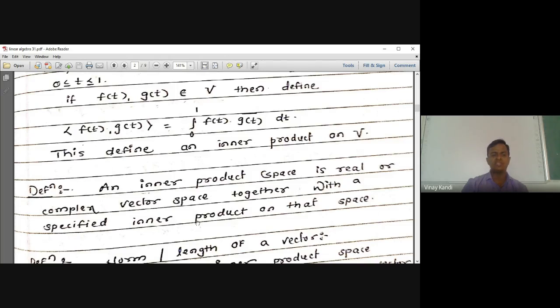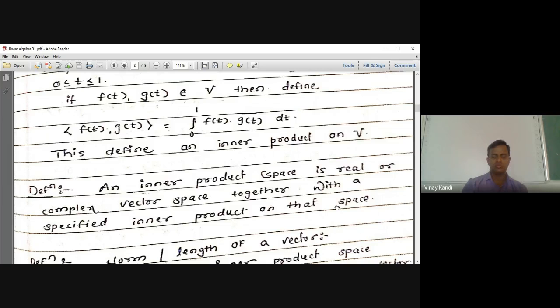If the field is complex, then it is a complex vector space, together with a specified inner product, which we take as a function.